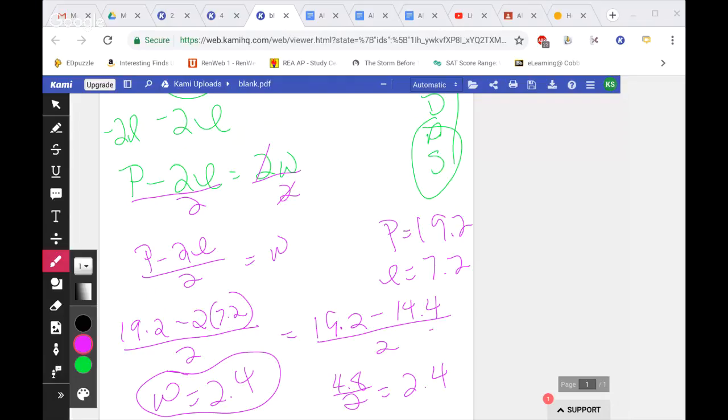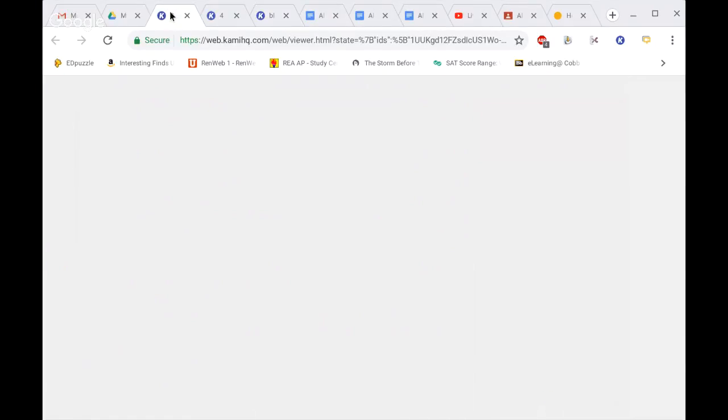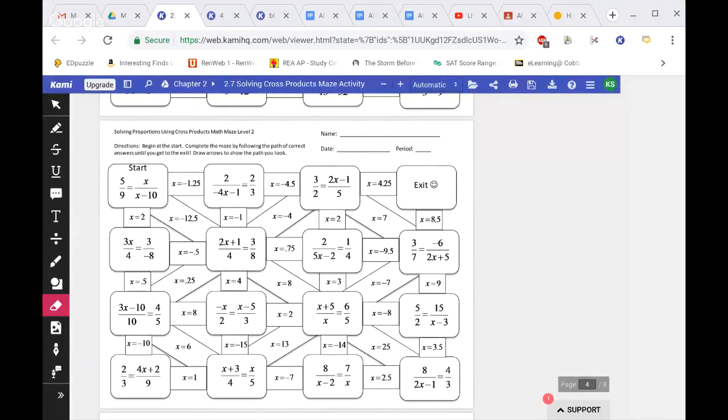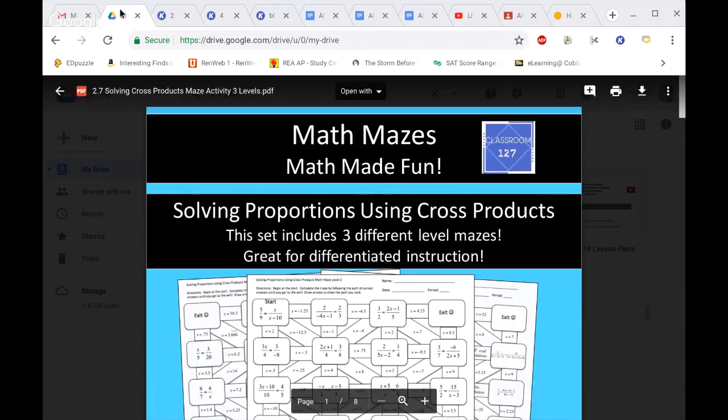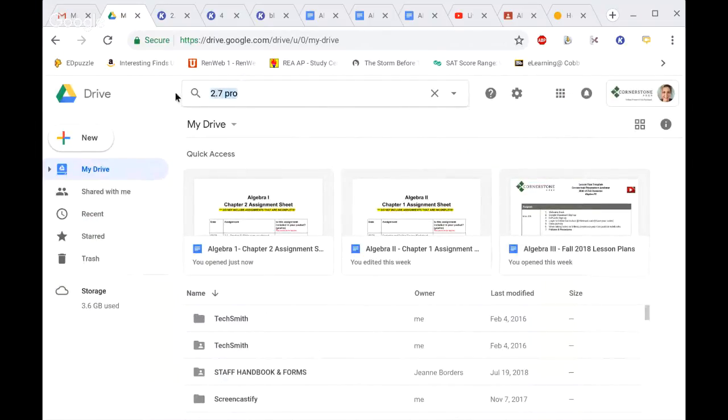Yes, ma'am. You want me to pull it up? Will that help? I'm on the multi-step equations maze. The multi-step equation maze. Okay. The last two problems. Okay.